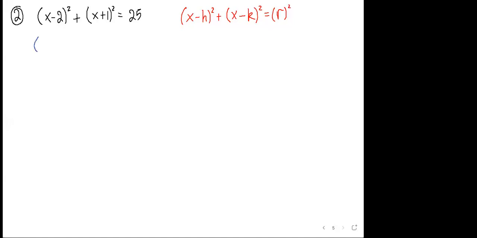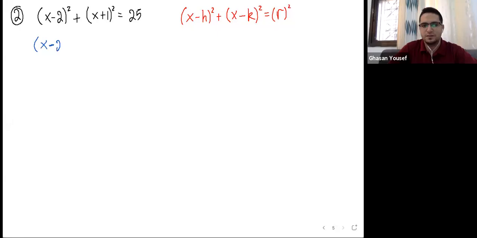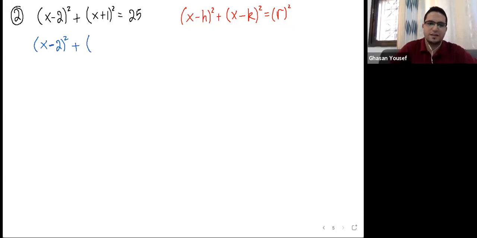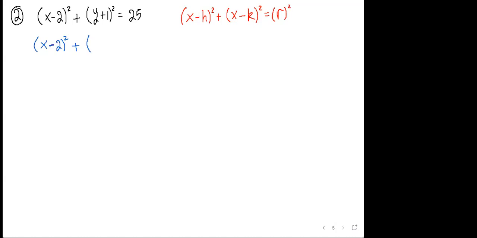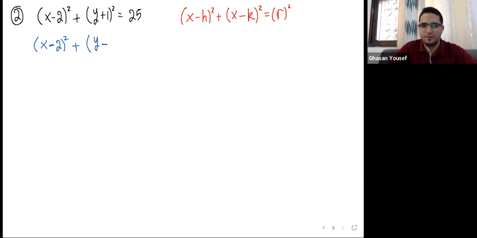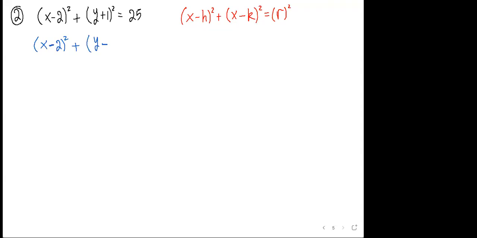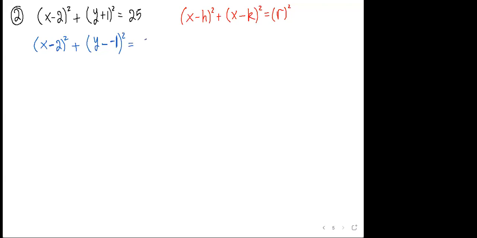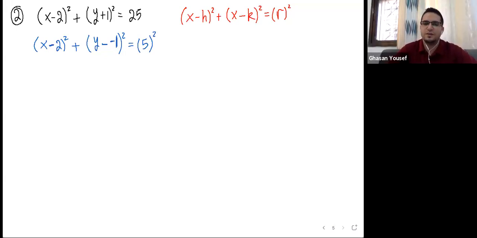So, (x minus 2) squared, plus, wait, here is y, sorry, this is y. Then y plus 1, or y minus minus 1, squared, equals 5 squared. So we rewrite the equation in this form: (x minus 2) squared plus (y minus minus 1) squared equals 5 squared.